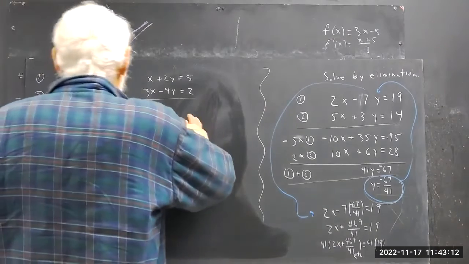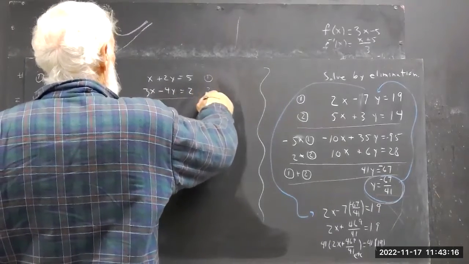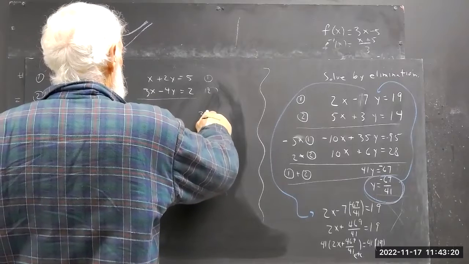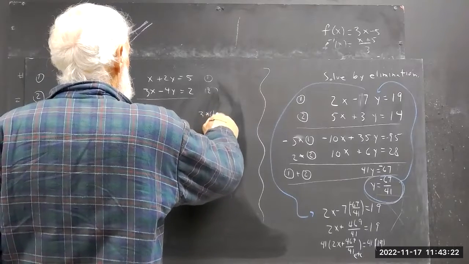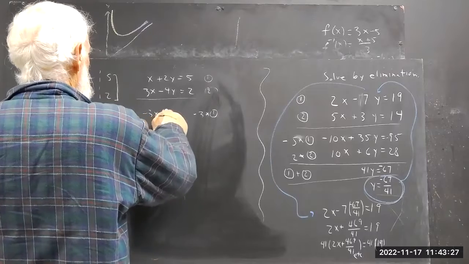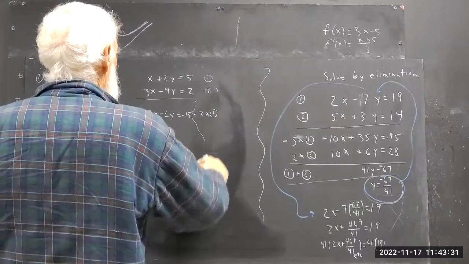So I'm going to write over here what we get. If this is 1 and this is 2, negative 3 times 1 is negative 3x minus 6y equals negative 15.